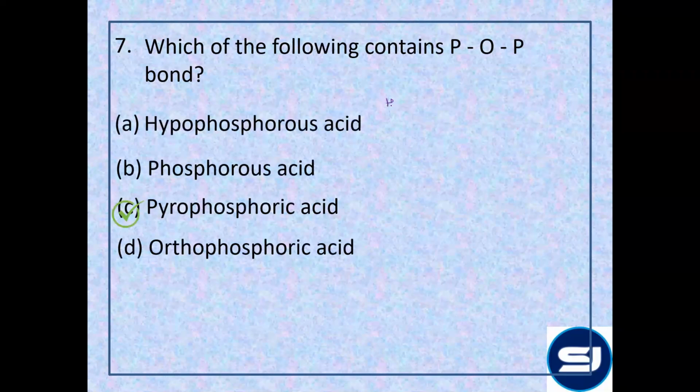So for that you write ortho वाला formula, and then what was the trick to get the pyro acid का formula? 2 ortho minus 1 water. Double the ortho and remove one water. Excellent. Twice the ortho minus water is pyro acid.